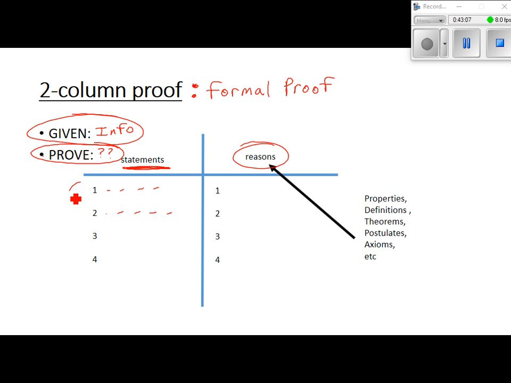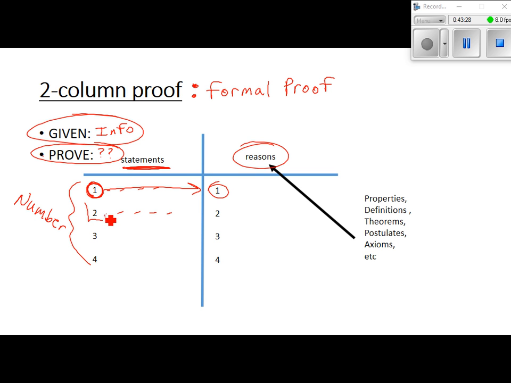Please make sure that you number all your statements and reasons because they have to match up. So I know that statement 1 here matches up to reason 1.